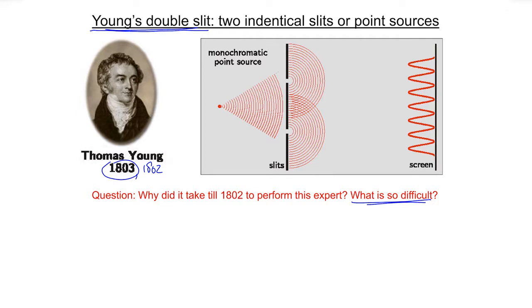Well, the first reason, an obvious reason, is that the wavelength of light is incredibly small. If you think about visible light, the wavelength of visible light from blue to red is less than a micron, 0.4 to 0.8 microns. So that means that slits typically have to be small, thin, to make this experiment work.